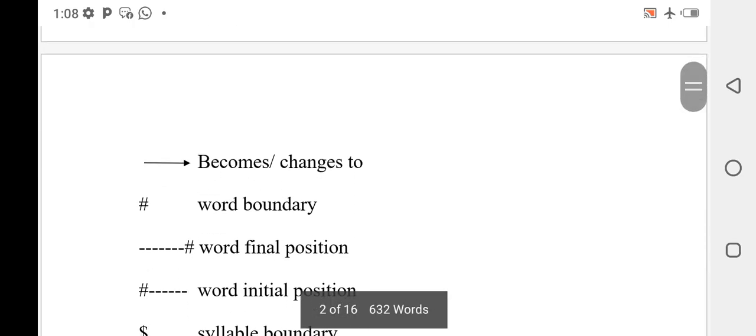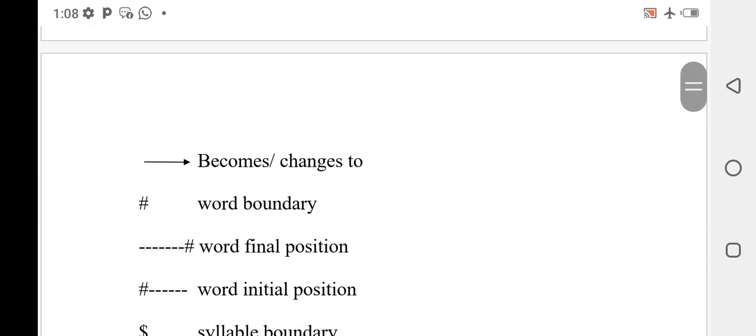Okay, now we have this arrow. The arrow says interprets, becomes, or changes to. So when you see the arrow, it is telling you that something is changing to another thing.